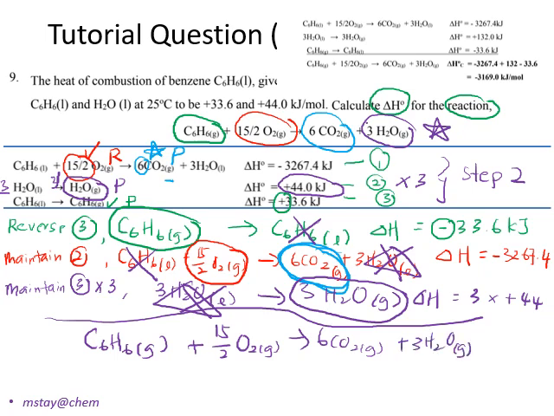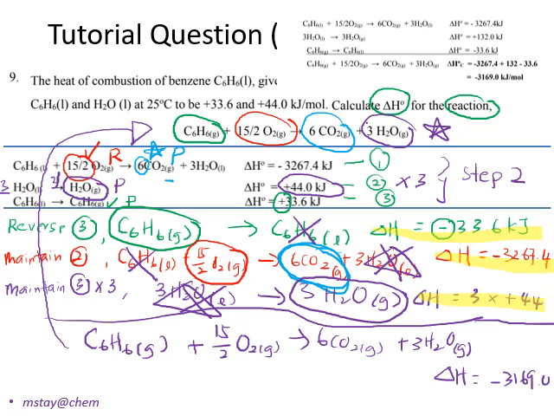Okay, which is exactly the same as what the question asks us to calculate. So when we do the calculation, we just need to total up all these enthalpy changes. After we press the calculator, you will get the answer: delta H is equal to negative 3169.0 kilojoule per mole.